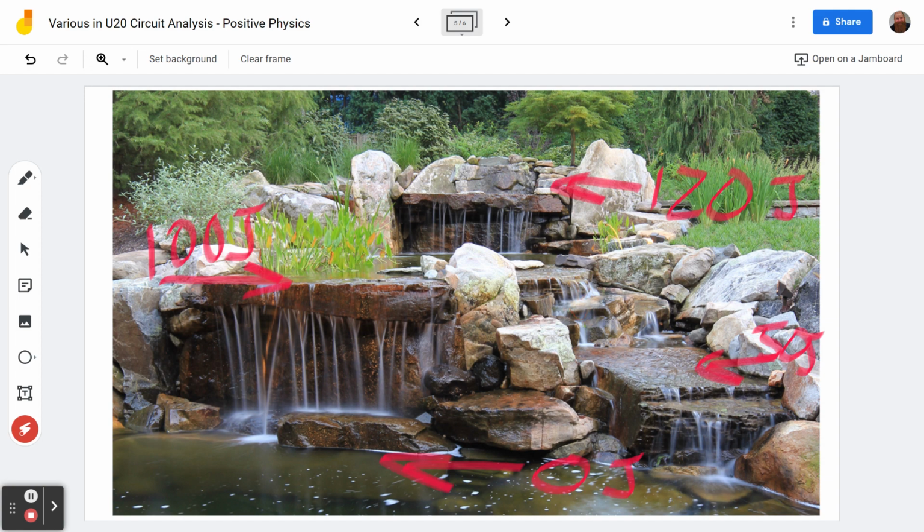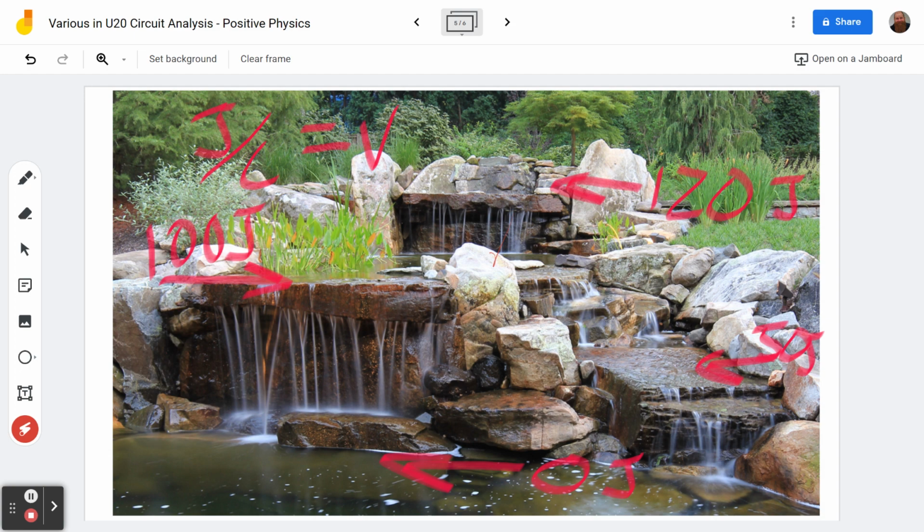Now, I want you to notice, no matter what happens here, no matter which route this takes to get down to 0, it's going to lose 120 joules of energy. Now, keep in mind, we now talk about joules per coulomb. And remember, joules per coulomb is a volt. So we'd be talking volts in an electric circuit. But if we have 120 over here, then we would lose 120 no matter which way we went.